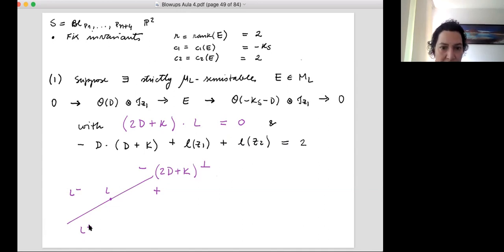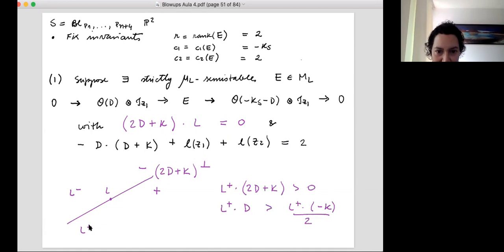Now if you take a polarization in the positive side of the hyperplane, so that satisfies this condition, this is the same thing as saying that the intersection of L plus with D is greater than the slope of E with respect to L plus, which is this number there.